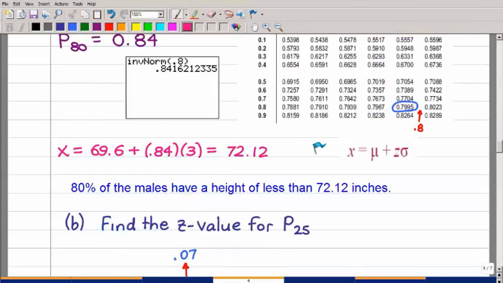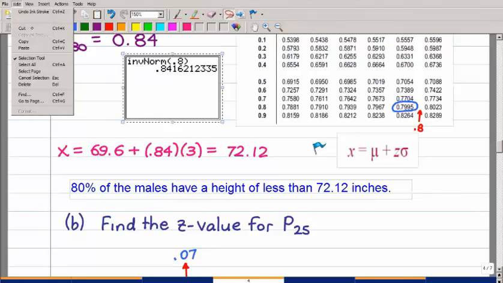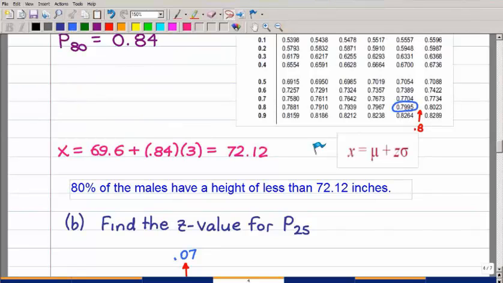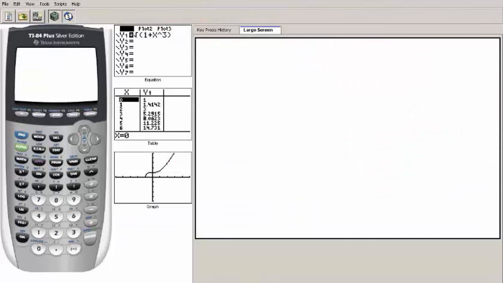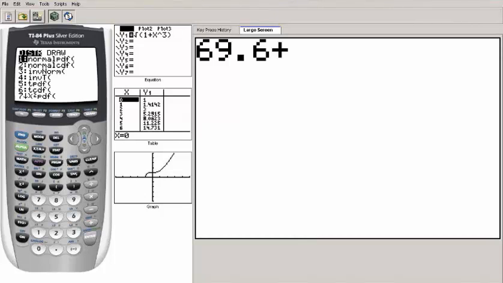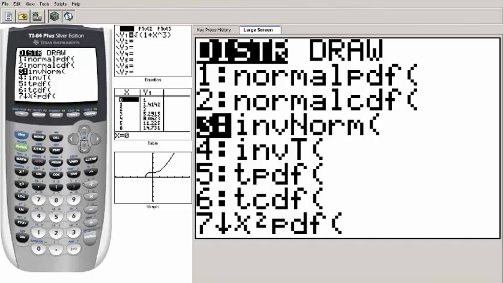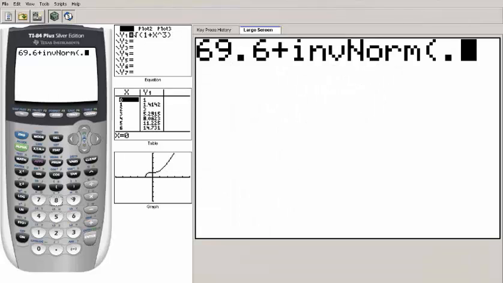Now I'll show you another little calculator trick. In fact, I'll just get rid of this box for a second, since we've already seen this. If you're doing this in the calculator, you can actually do this problem all in one step. In other words, you can go 69.6 plus second distribution inverse norm 0.8 times the standard deviation of 3.